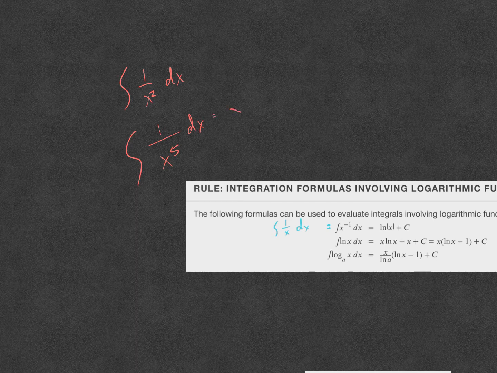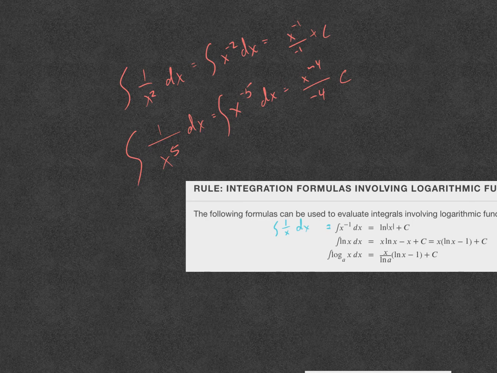You need to bring it up with a negative, x to the negative 5 dx, or the integral of x to the negative 2 dx, and then use the power rule, x to the minus 1 over minus 1, or x to the minus 4 over minus 4, plus my constant c, in order to evaluate that. Those you use the power rule.